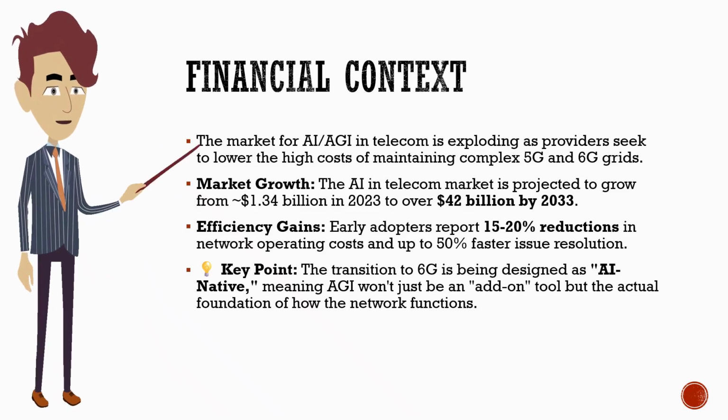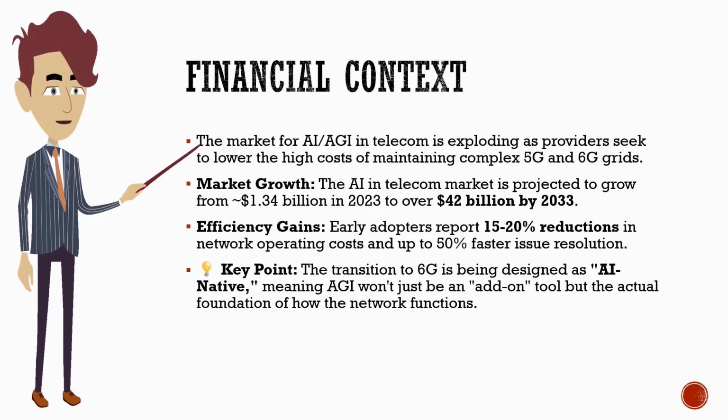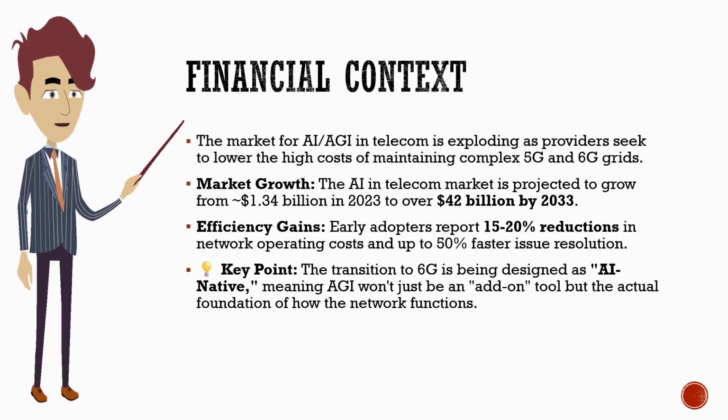That's the reason the market will continuously grow. The AI in telecom market is projected to grow from 1.34 billion in 2023 to over 42 billion by 2033. So in these 10 years there will be huge growth in AI usage, because telecom is usually dependent on technology, and there will be a lot of improvement from the AI perspective, right?